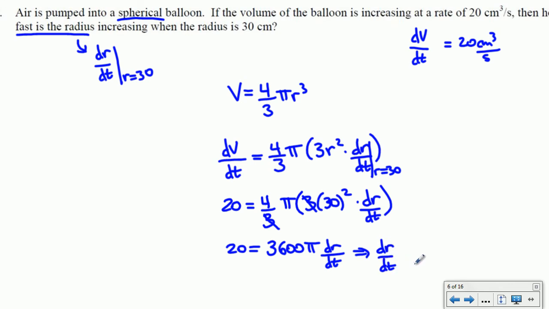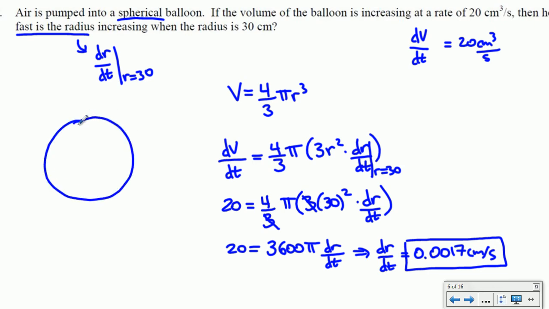20 divided by 3600 pi gives us roughly this answer. So the radius is changing by that much per second when the balloon is at 30 centimeter radius. So that's actually quite a big balloon.